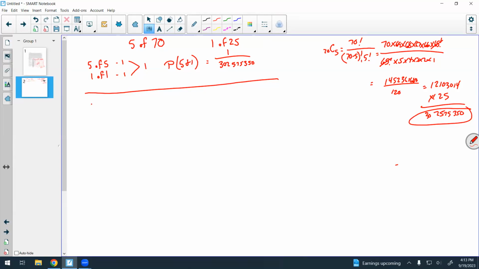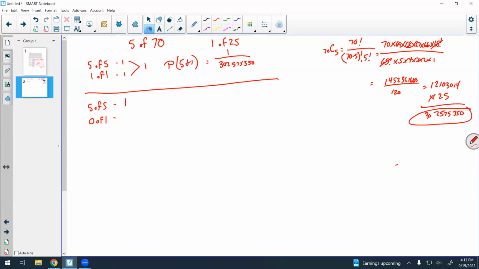Now our next prize tier is getting 5 of 5, and we've already determined there's one way to do that. And 0 of 1. So there's 25 possible numbers for the Mega Ball. One of them is the winning number. So how many possible ways can I get the non-winning number? 25 numbers.